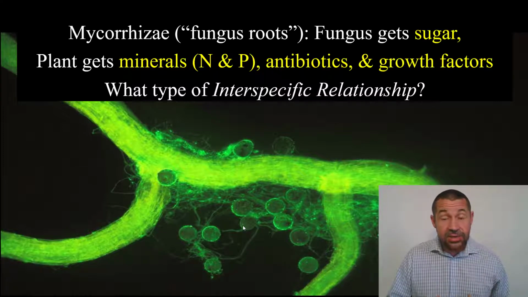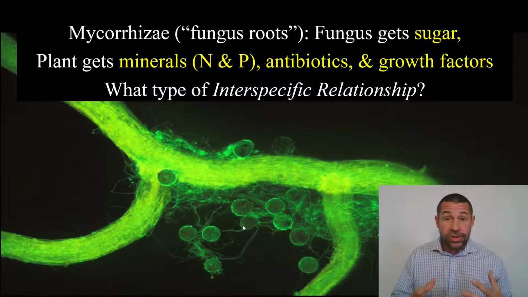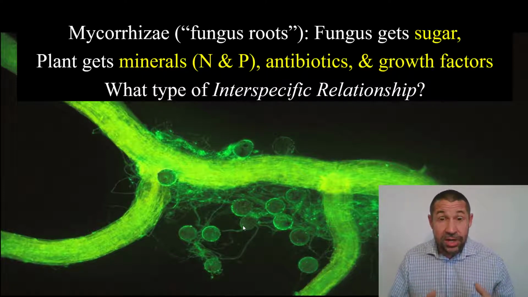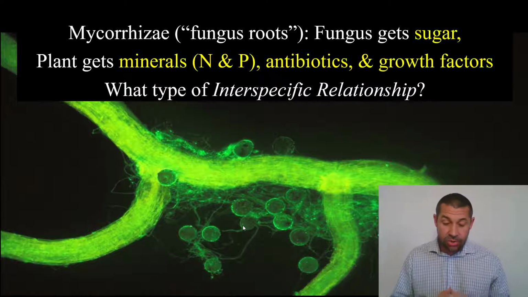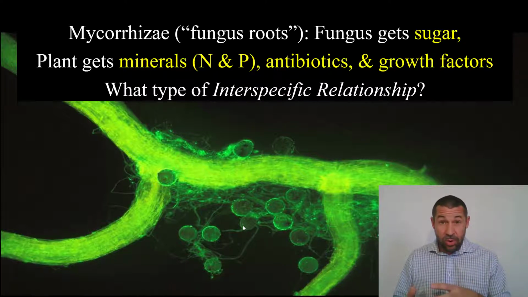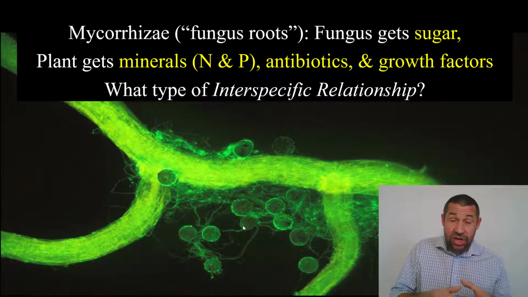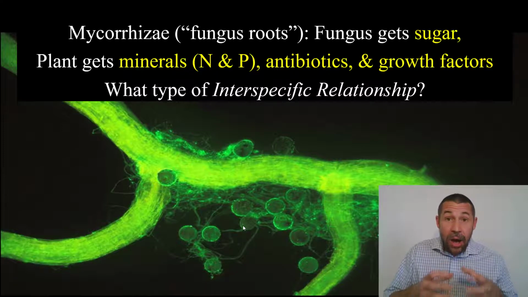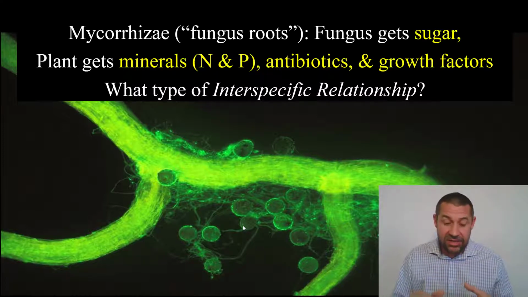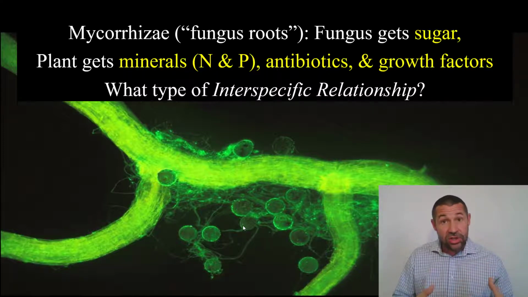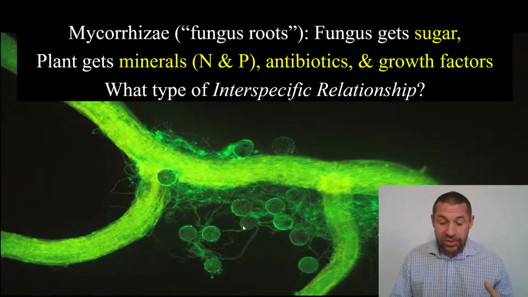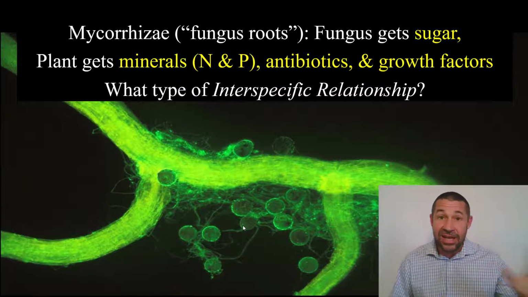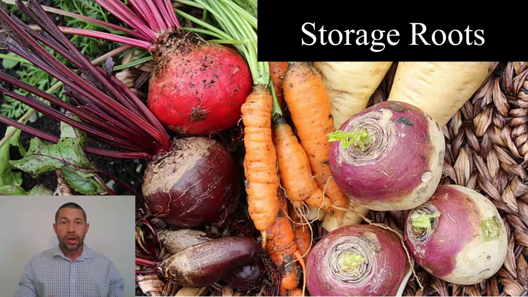In exchange, the plant is going to receive minerals, particularly nitrogen, in a form that it can use. The fungus are able to fix that nitrogen by housing nitrogen fixing bacteria in an interspecific relationship known as mutualism, where both species benefit. And we'll get into those in our next unit in ecology.